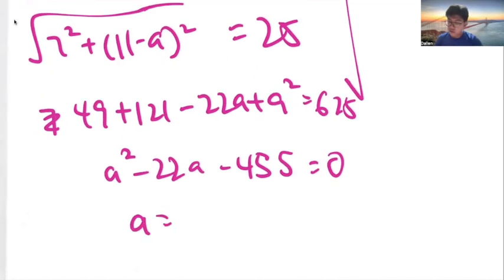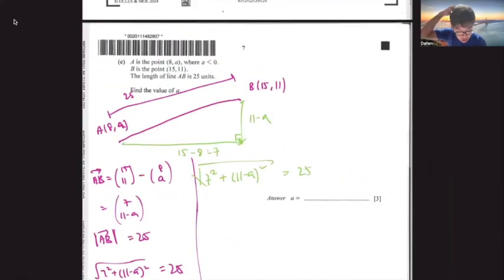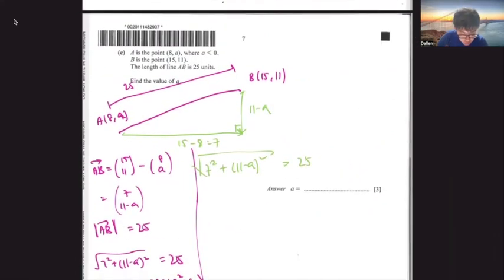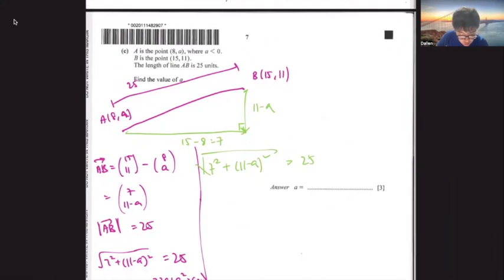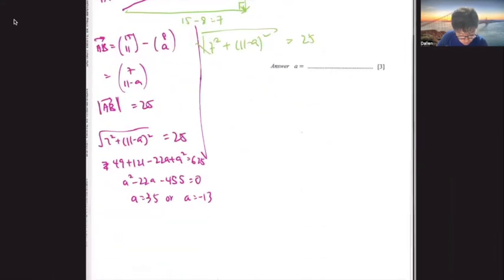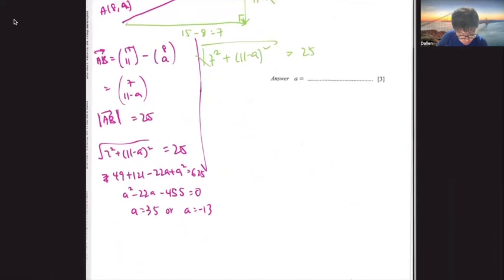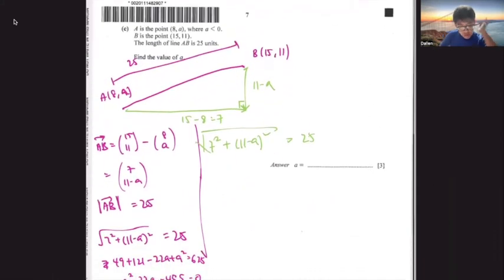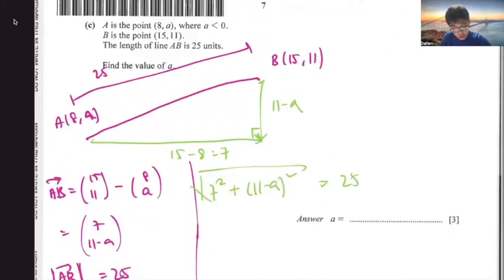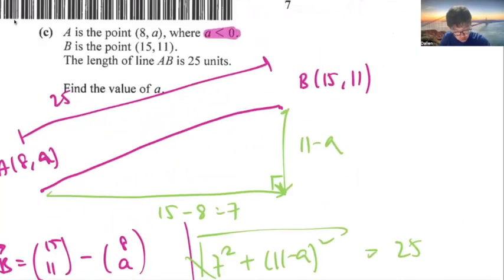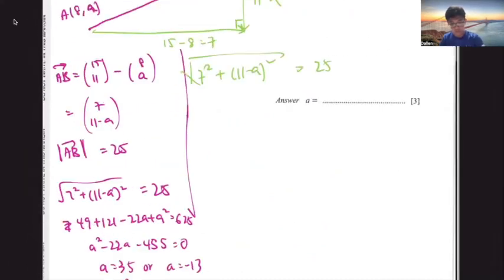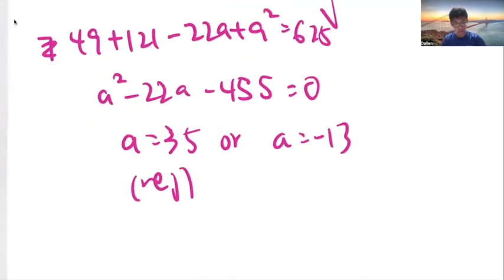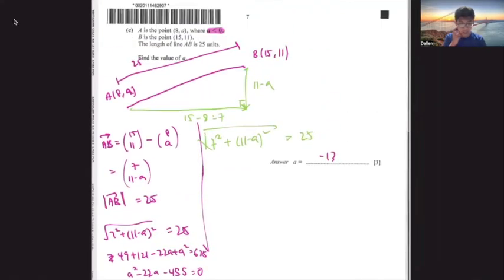So you get a equals 35 or a equals -13. They say that a is negative, so we reject this. So a equals -13. We just write a less than 0. So this is part C.